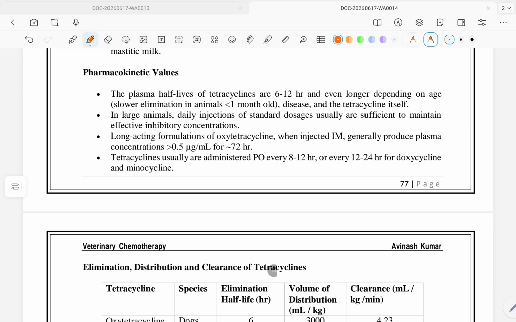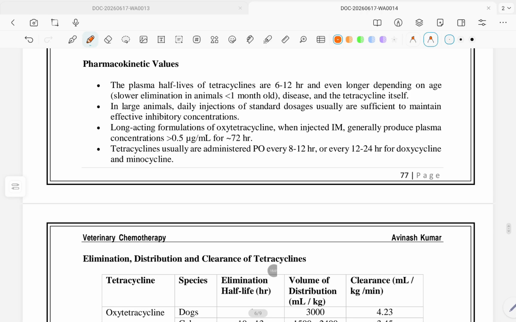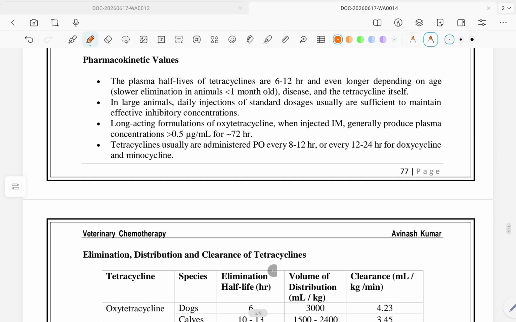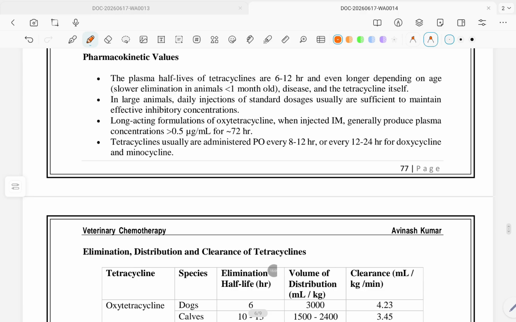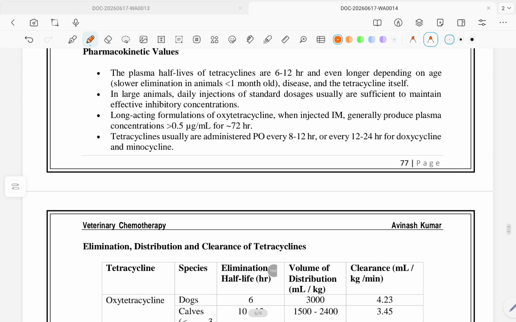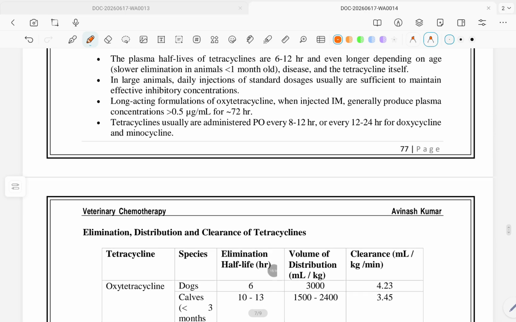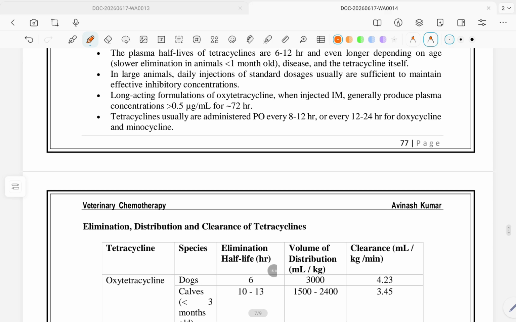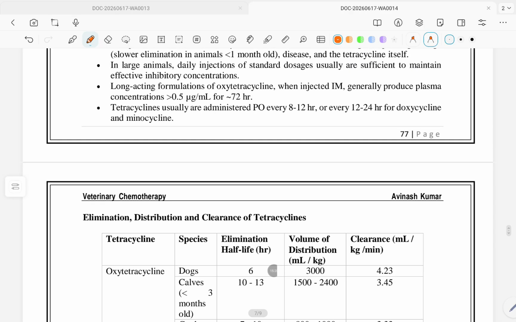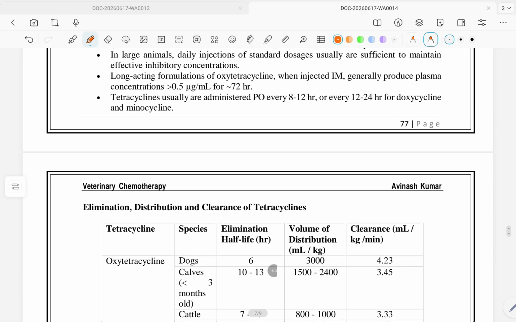In large animals, daily injection of standard doses usually is sufficient to maintain effective inhibitory concentrations. Long-acting formulations of oxytetracycline, when injected IM, generally produce plasma concentrations greater than 0.5 microgram per ml for 72 hours. Tetracyclines usually are administered every 8 to 12 hours, or every 12 to 24 hours for doxycycline and minocycline.